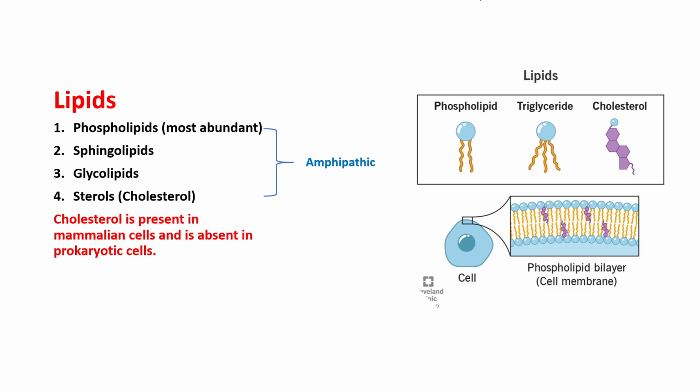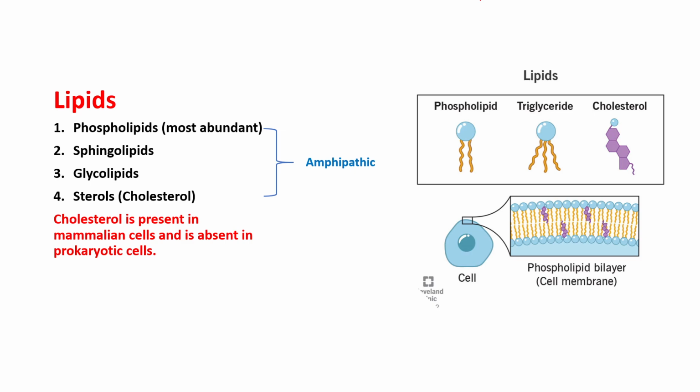All these lipids are amphipathic in nature, as they contain a hydrophilic head and a lipophilic tail. Both the characters are present in a single molecule of the lipid, so they are called amphipathic. Amphipathic means hydrophilic and lipophilic.